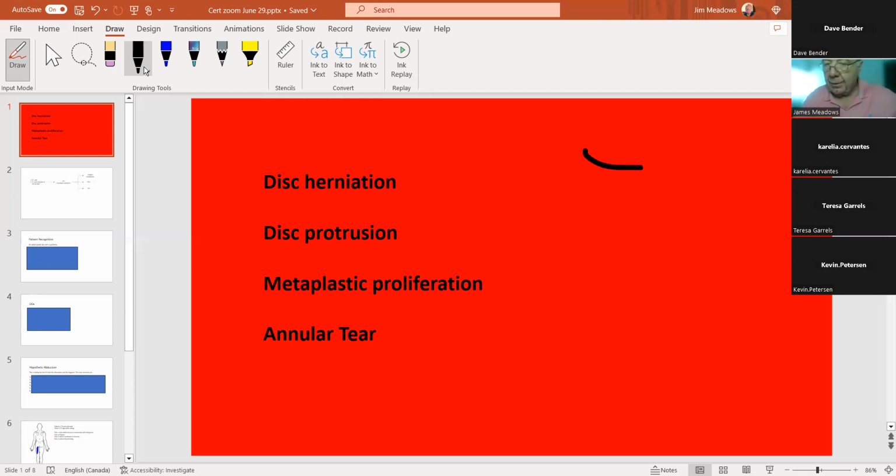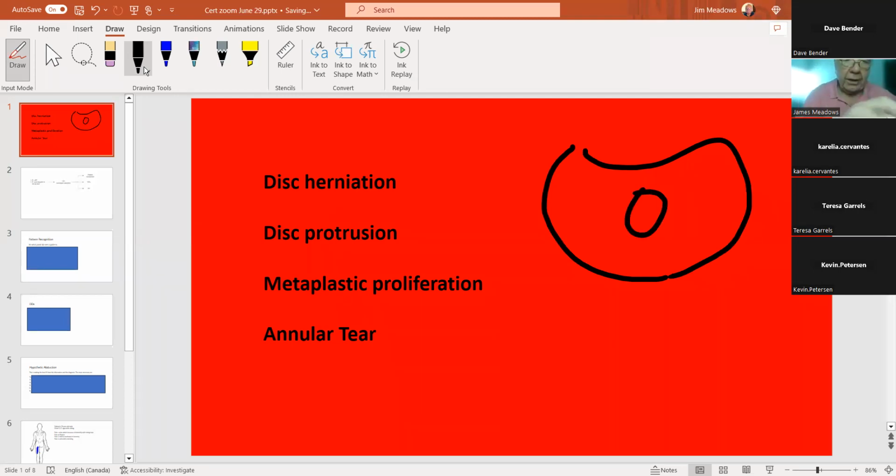So this is your disc, and a herniation is this occurring: a herniation of nuclear material through the annulus. That is going to cause bulging of the disc. This would be a prolapse, and it can be larger or smaller. The larger it is, the bigger the bulge is. Is that fair enough?